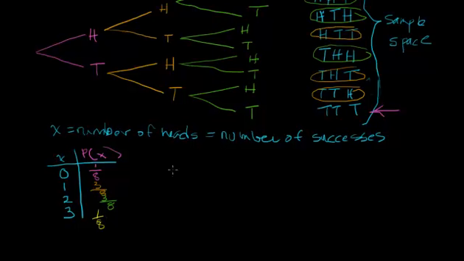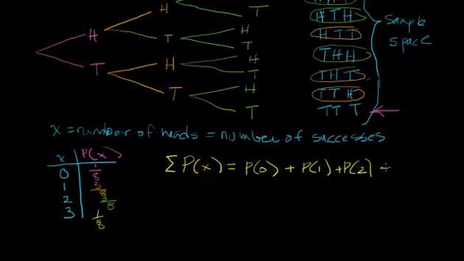Okay, so this was all the probabilities of our sample space. So let's reemphasize and check that the sum, and we use this capital Greek letter sigma to represent sum, the sum of the probabilities of x in our sample space would be equal to, well, in our case, it's the probability of 0 heads plus the probability of 1 head plus the probability of 2 heads plus the probability of 3 heads.